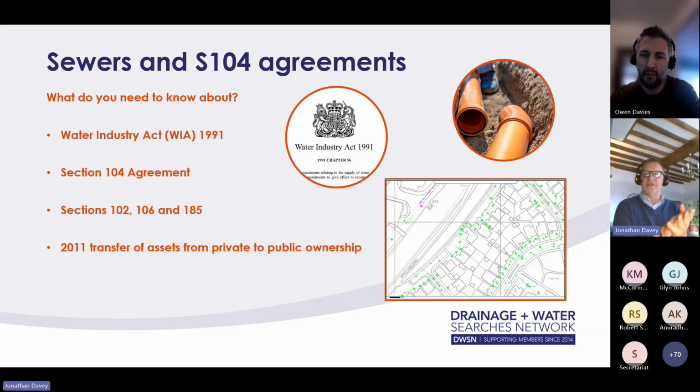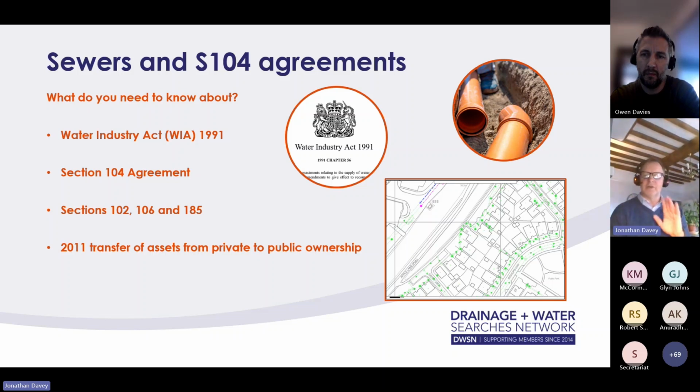In other words, the developer must get permission to lay the relevant pipes, to ensure that those pipes are laid to a certain standard. They must be installed and built to the correct standards contained within the Water Industry Act and the Code for Adoption, another document that all the water companies adhere to.